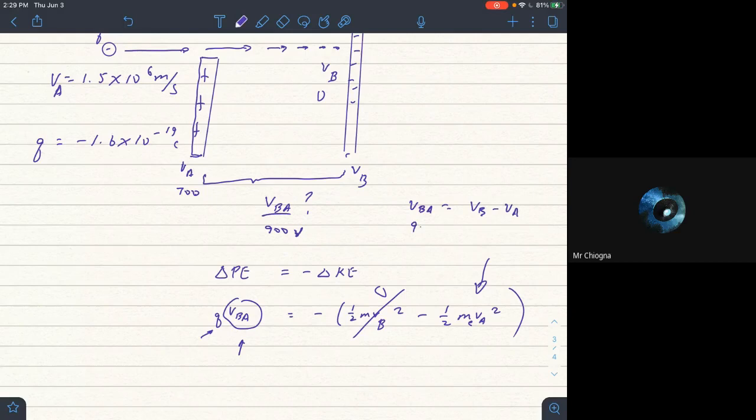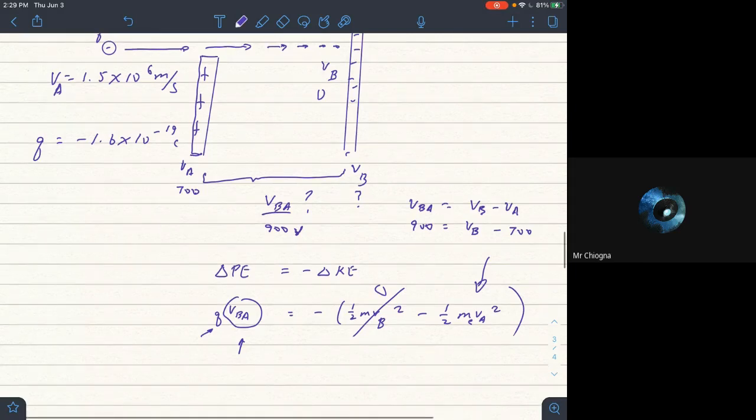So you'd have 900, because you would have figured that out, is equal to VB, which you don't know, minus 700. So what's VB? 900 plus 700. Yeah. Volts, obviously.